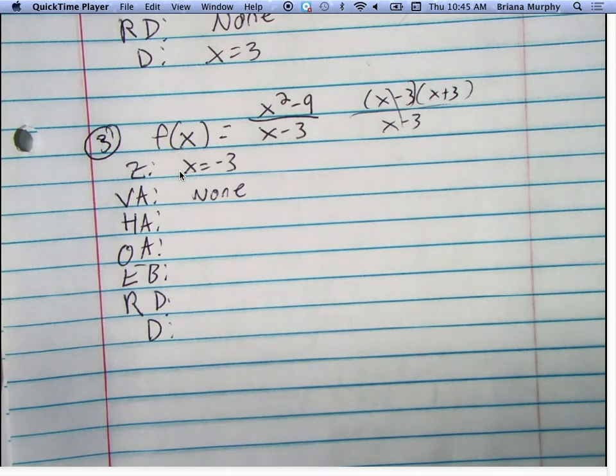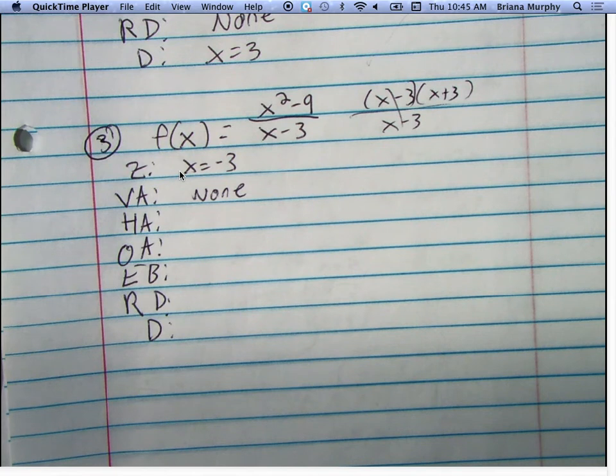Kevon, what page are you on? 565. So 565, I'm just double checking what I put for horizontal asymptotes so you guys can have it. It has a whole thing.